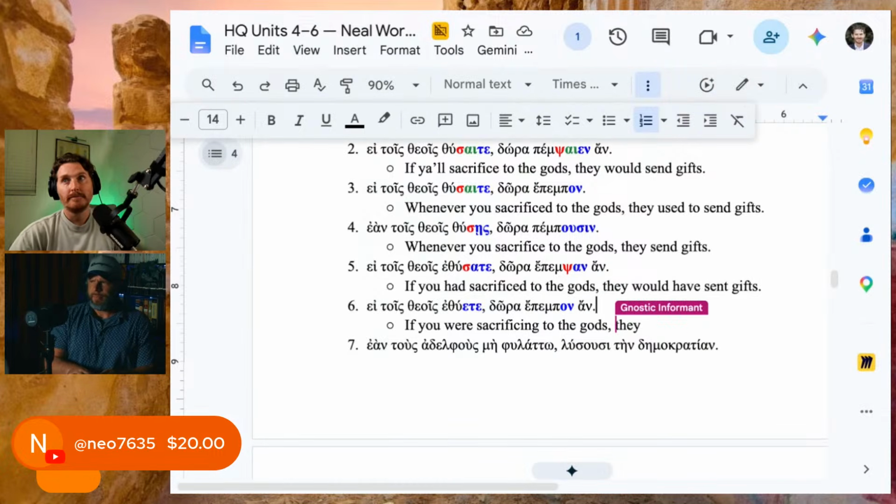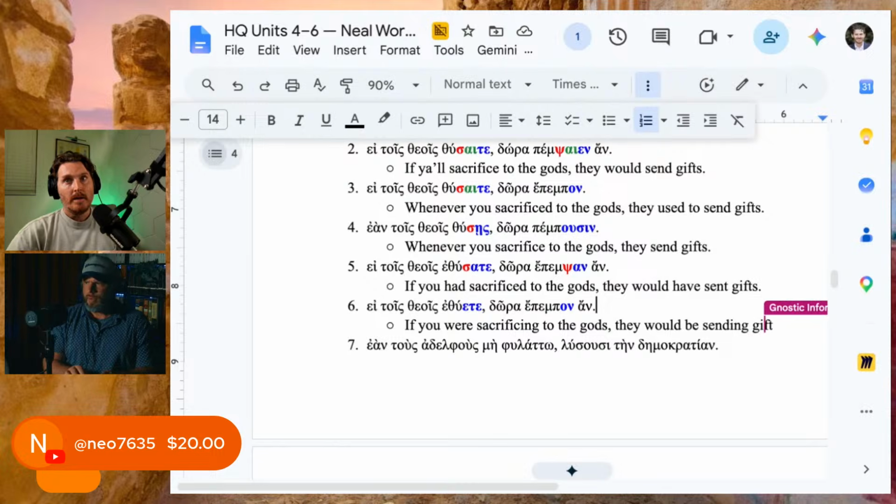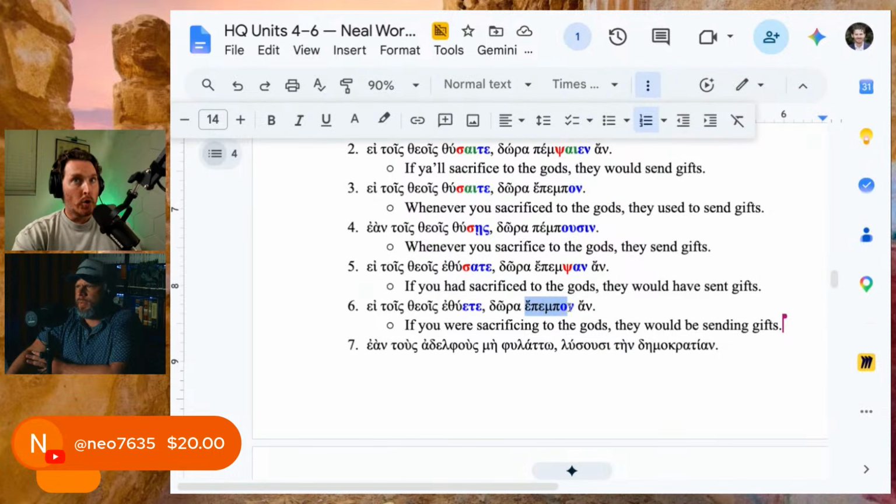Now, I have to mention that epempon could be "I was sending," but in this context it rules that out, since we already have a subject, the gods.